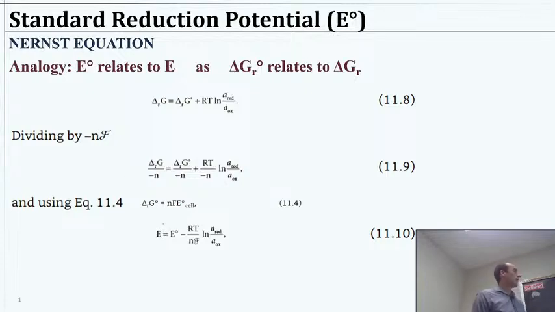And so we end up with the reduction potential equal to the standard reduction potential minus RT divided by nF times the natural log of the activity of the reduction components, the species that are reduced on top, divided by the species that are oxidized on the bottom. Okay, so that's some of the standard equations or relationships that we might need for solving for reduction potentials.